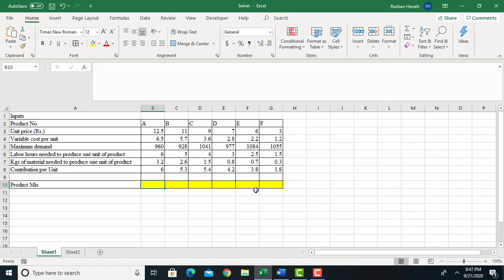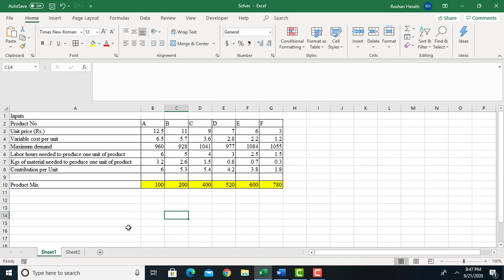So I would say that I might produce 100 units from A, 200 units, 400 units, 520, 600, and 780. These are random numbers, right? Likewise, I have just assumed several numbers.